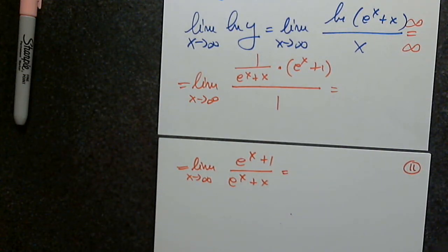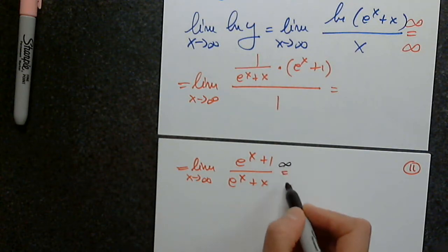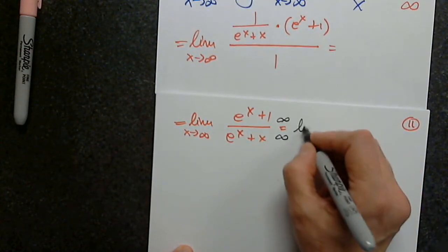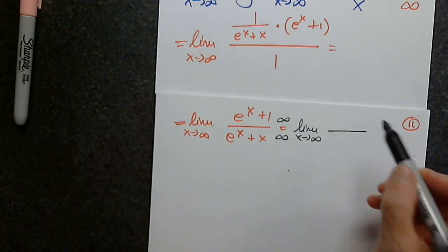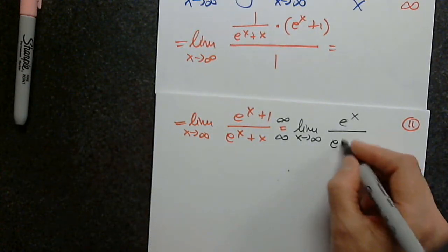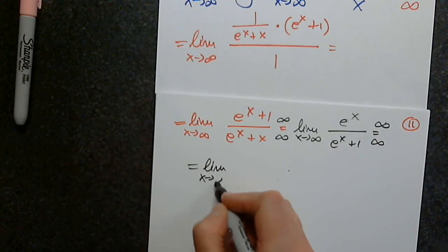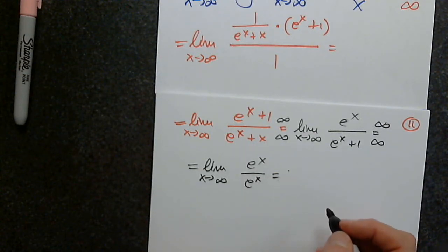What is it? Good. That's not bad. That's very good. As x approaches infinity, the top, the bottom, it's still infinity over infinity. So now the limit as x approaches infinity of e to the x over e to the x, and I know the answer. 1.